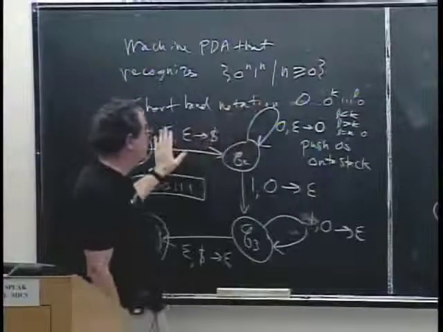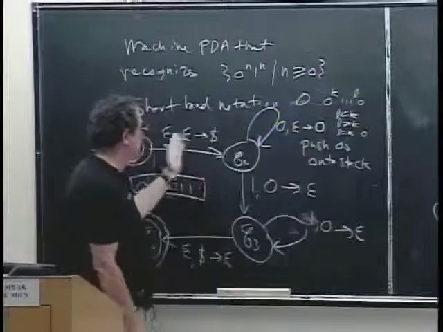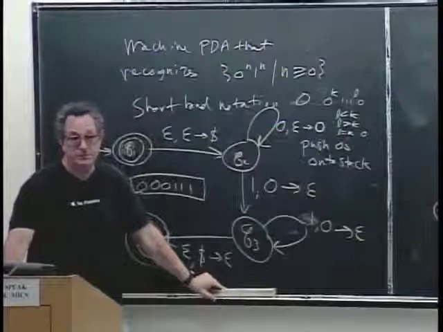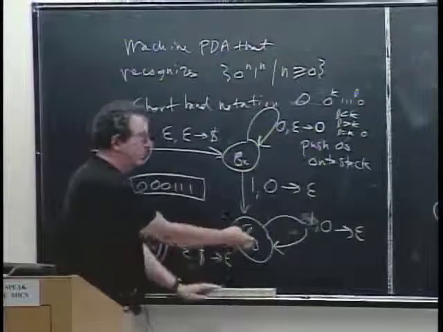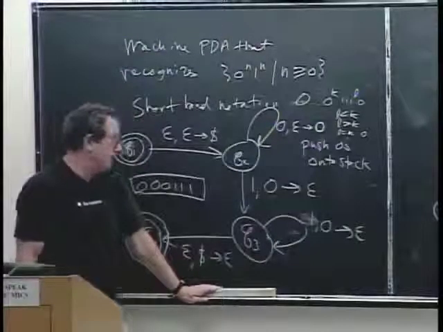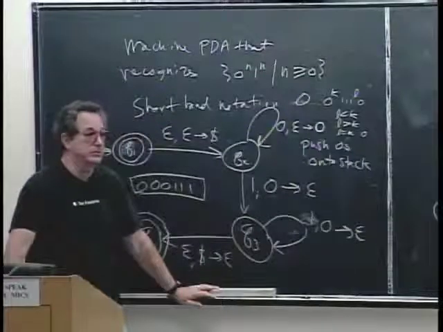And then you should convince yourself that in each of these cases, none of the computations that this machine allows will end up as an accept. They'll all end up stuck somewhere where there's no next transition, or they'll be here, but the input string has not been fully consumed.